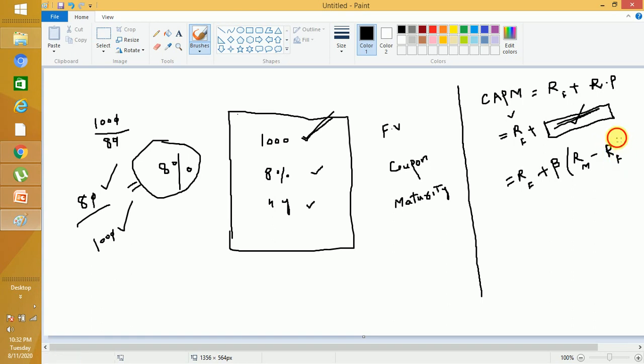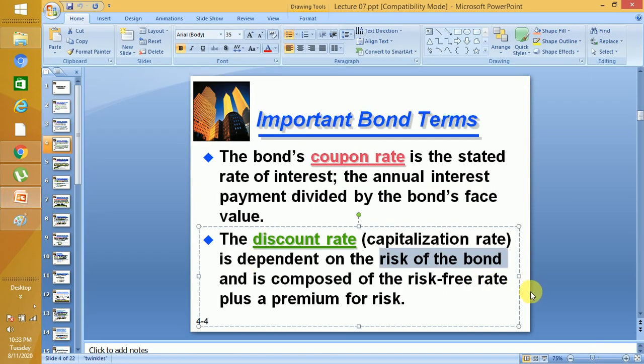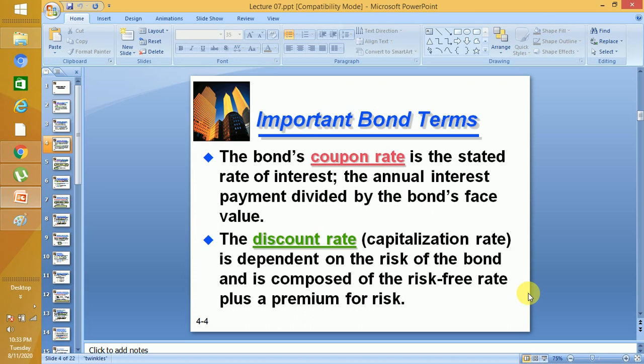This is basically the capitalization rate, the CAPM rate. So the capitalization rate or discount rate is basically the CAPM rate.